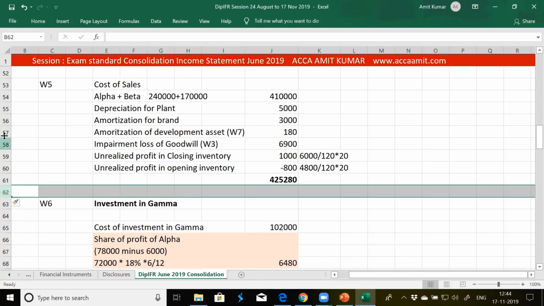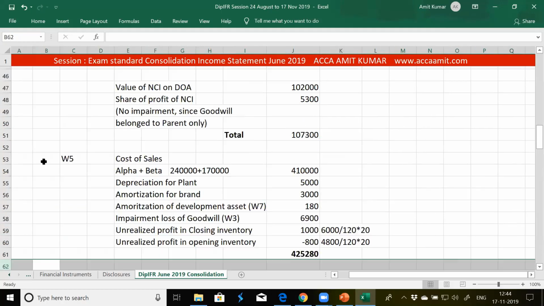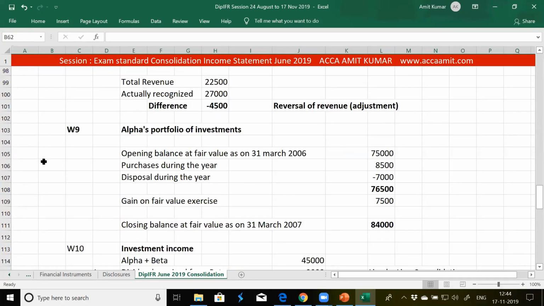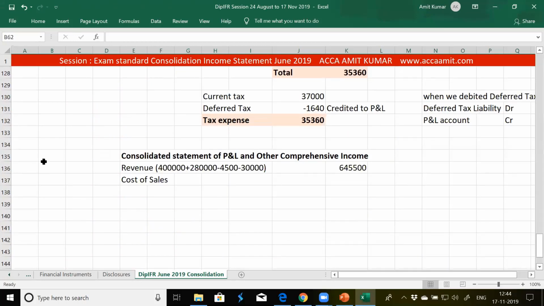There's one adjustment left in this, that is 425,280 minus intragroup transaction. So we need to remove 30,000 from both sides. 425,280 minus 30,000. Intragroup transaction we need to remove from both the sides.